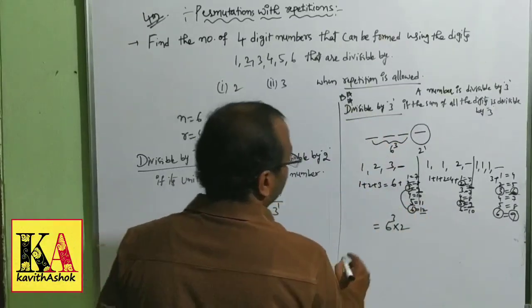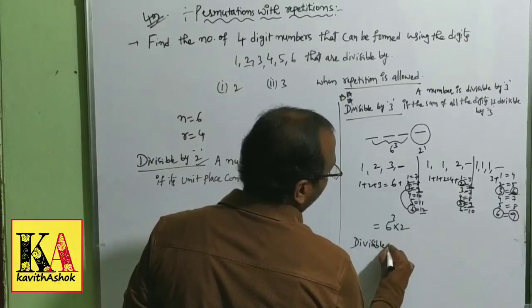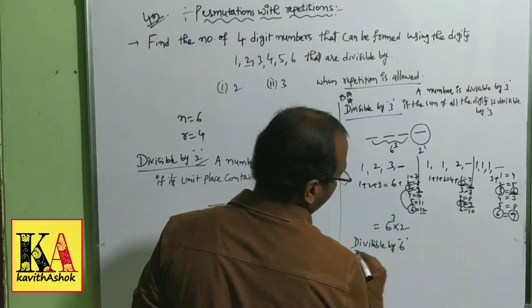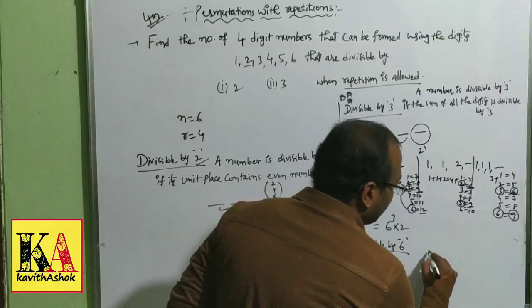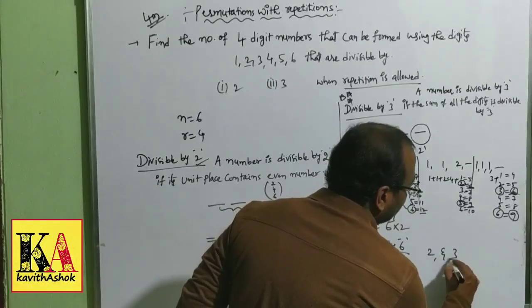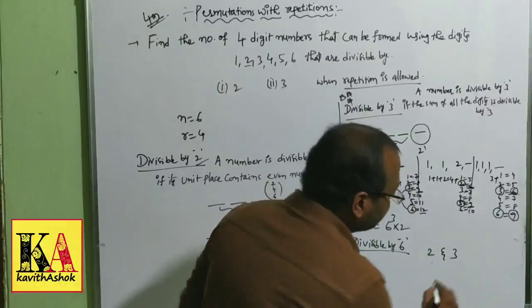In the same manner, in competitive exams, they may ask questions like this about divisibility by 6 also. A number is divisible by 6 if it is divisible by both 2 and 3. So we have to check both conditions. First we will check 3.